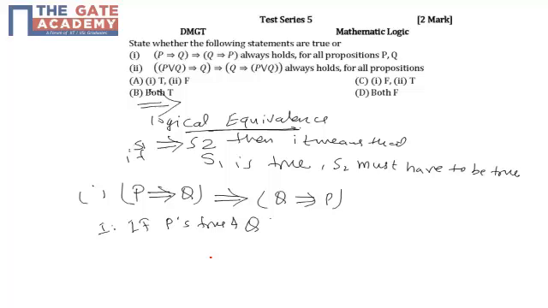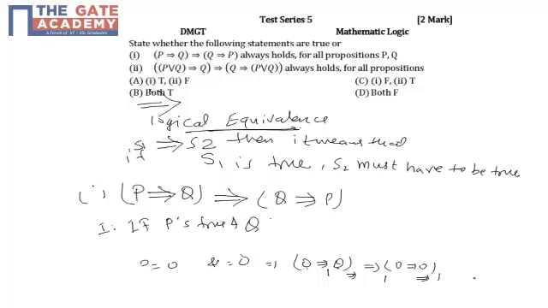Now in the first query, let us suppose I am taking P equal to 0 and Q equal to 0. In this scenario, 0 implies 0 is 1, and therefore this also is going to be 1. So it is absolutely correct.